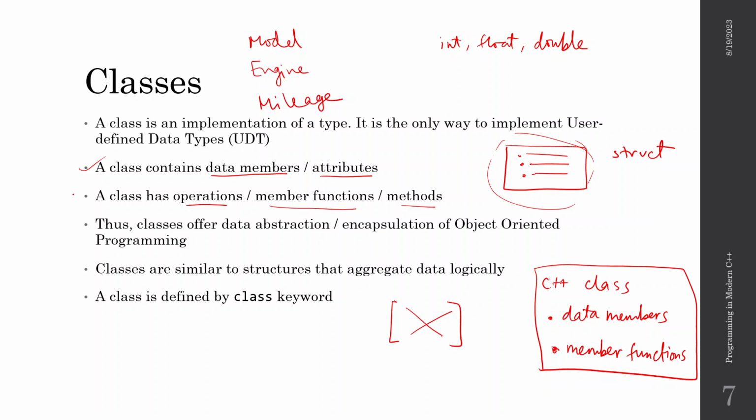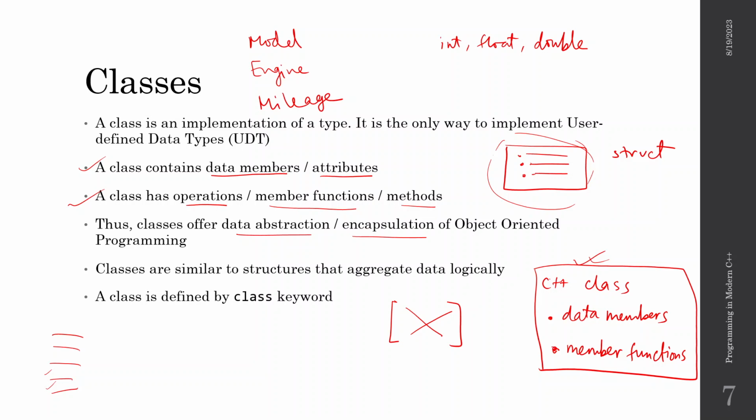Now it's written that classes offer data abstraction and encapsulation. What does this mean? Data abstraction means that we only expose those data members which are required for external functionality. A class might have lots of data members, but some are only required for internal use.